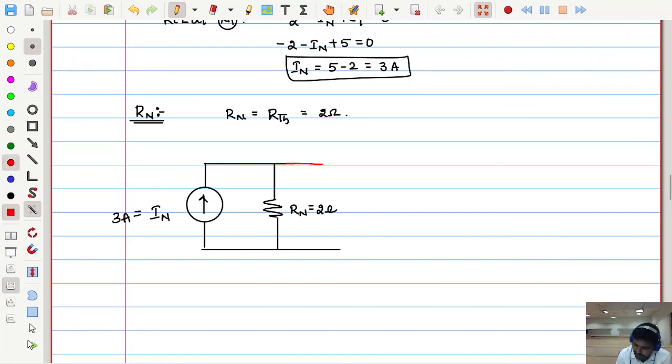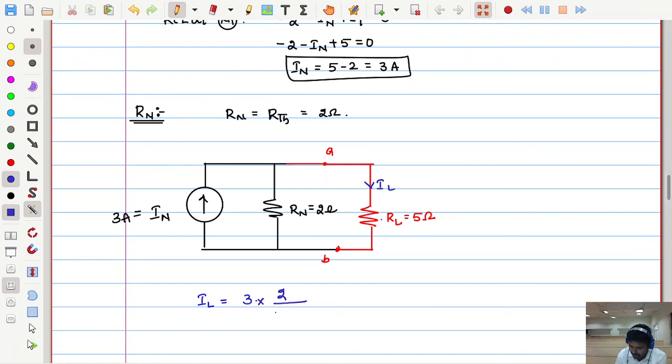Now let me connect back to these terminals AB a load. How much is the load resistance? 5 ohms. RL is equal to 5 ohms. Now what do we need? The current through this load. Using the current division rule, IL is equal to the total current, that is 3 amperes, into the opposite branch, which is 2, divided by 2 plus 5.